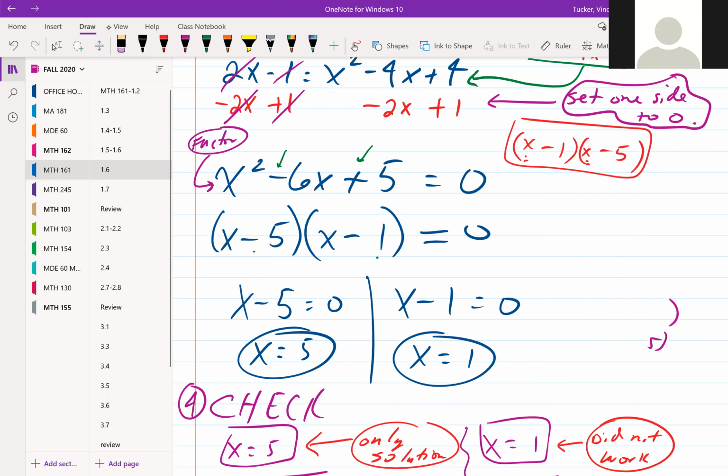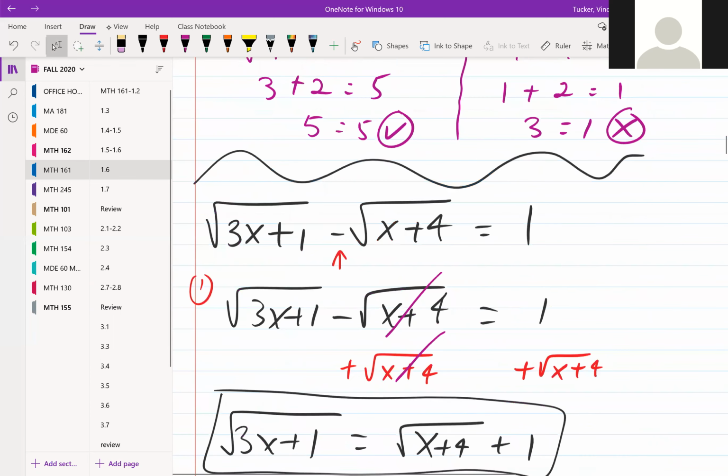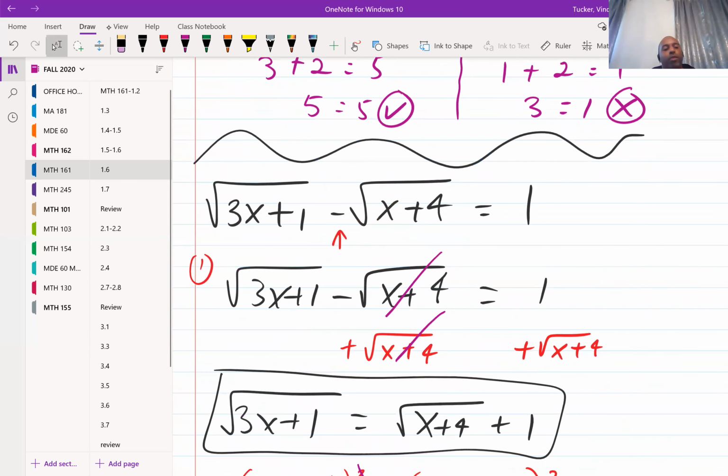All right, so let's try one that has more than one radical involved. Here we have the square root of 3x plus 1 minus the square root of x plus 4 equal to 1. So we want to isolate one of the radicals. It doesn't matter which one you decide to move.